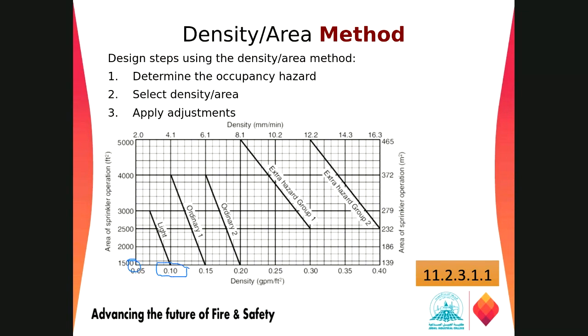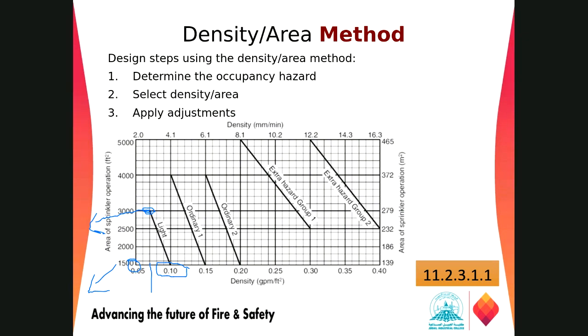So if you are taking density of around this location, which is 0.07 GPM per square feet, and we are taking an area of 3000 square feet, at that location we can do the multiple adjustment. In any case, the multiple adjustment cannot be below 1500 square feet for the light hazard and ordinary hazard, and for the extra hazard cannot be below 2500.